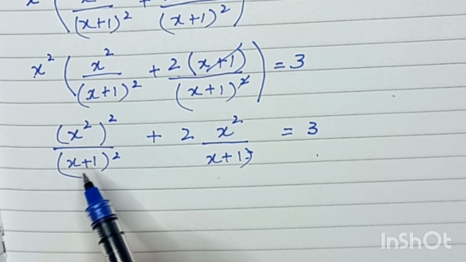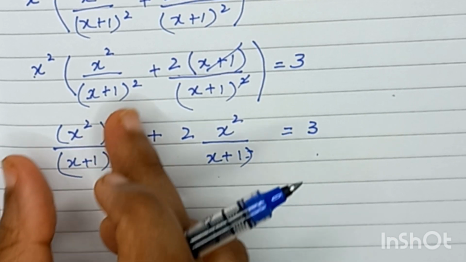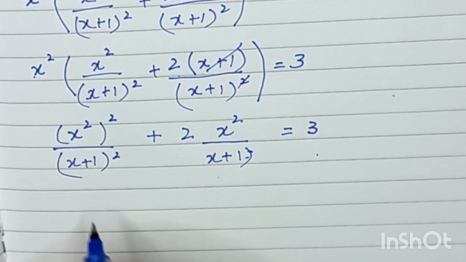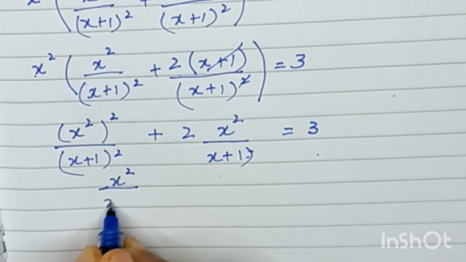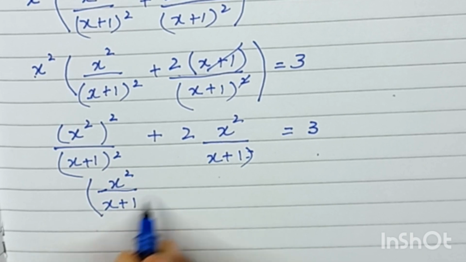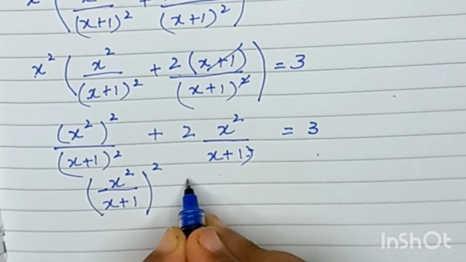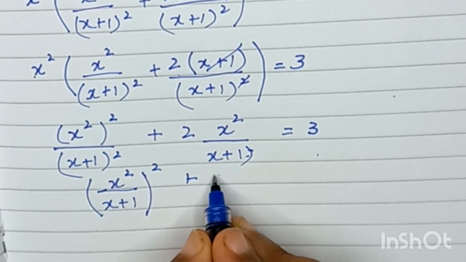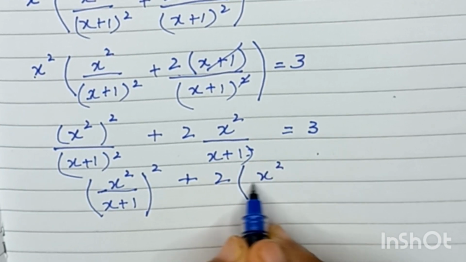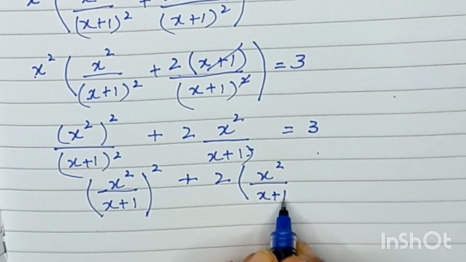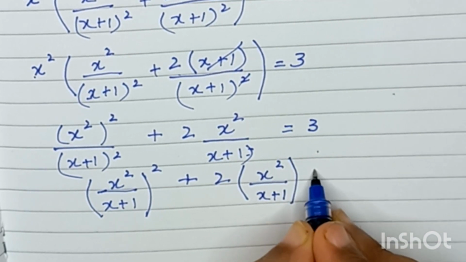We can write it as x square divided by (x plus 1) whole square because the powers are the same. So we can write it as x square divided by x plus 1 and its whole square, plus 2 times x square divided by x plus 1, which is equal to 3.